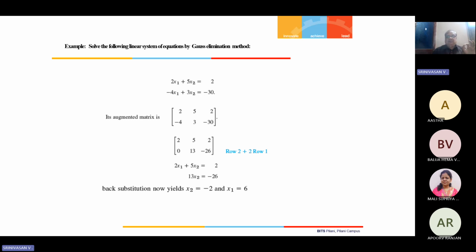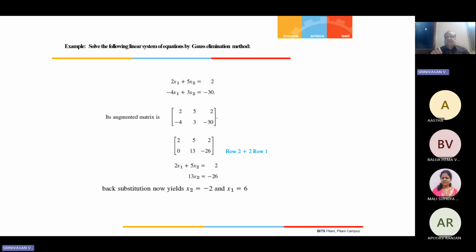You are given a system of equations. You should write: let A equal to 2, 5, -4, 3, and B equal to the column vector 2, -30.